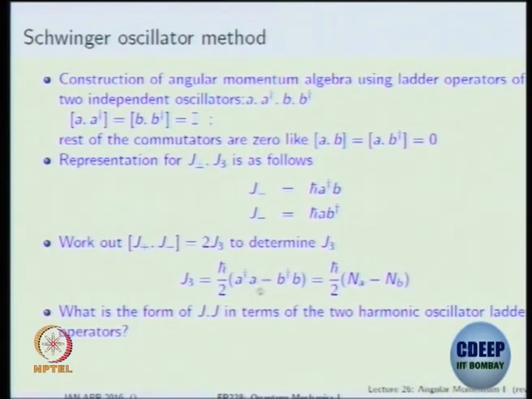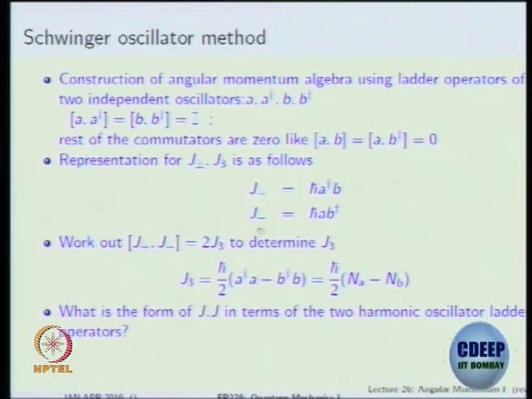So J3, if you work it out, will be the difference between the number operator for the harmonic oscillator given by A, which I call N subscript A, and similarly the number operator corresponding to the B harmonic oscillator given by the operators B and B dagger. Please verify this.